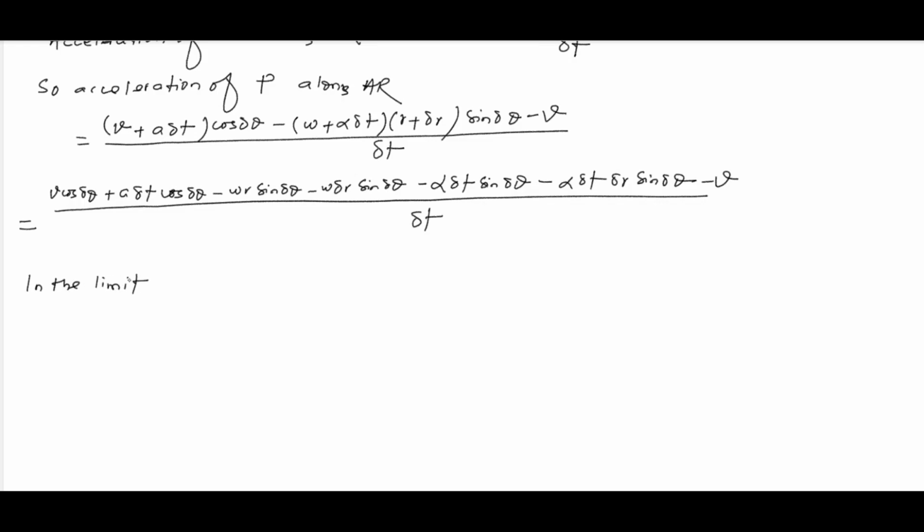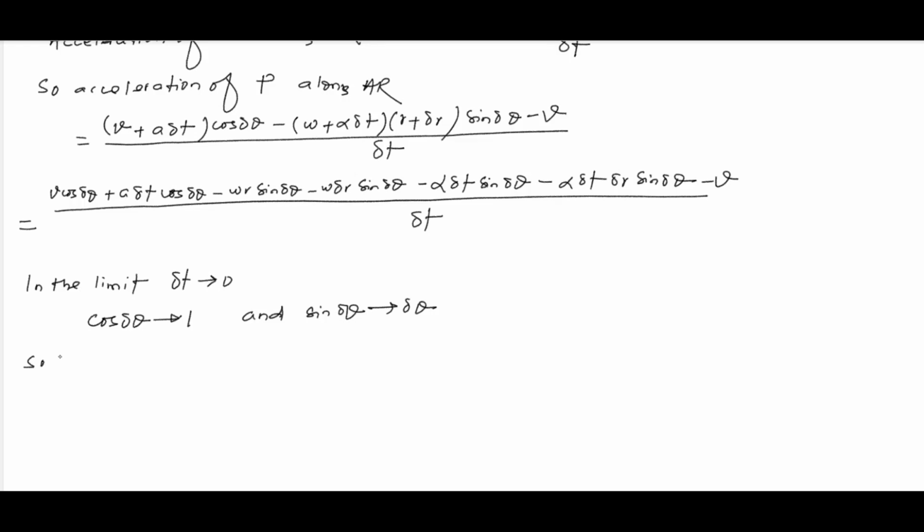we can write in the limit del t tends to 0, our cos del theta will be how much? It will be equal to 1, and sin del theta will be equal to del theta.